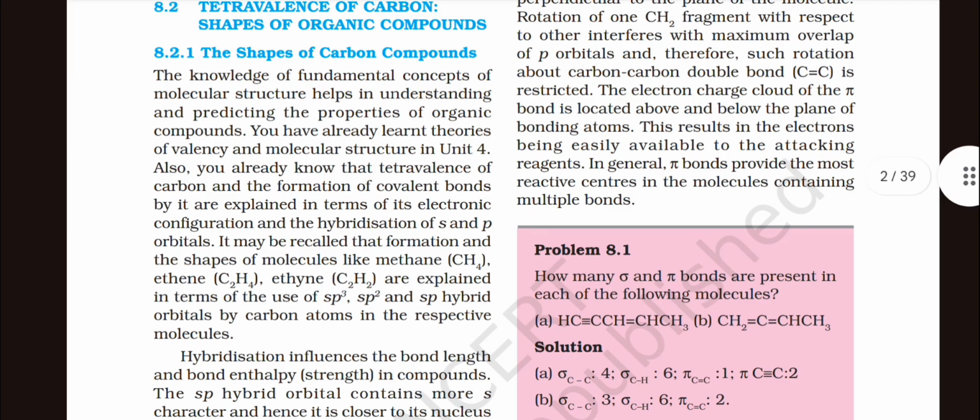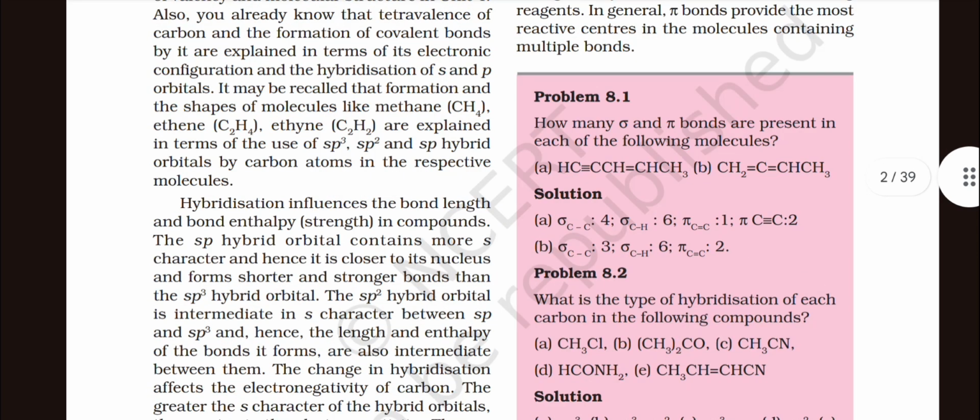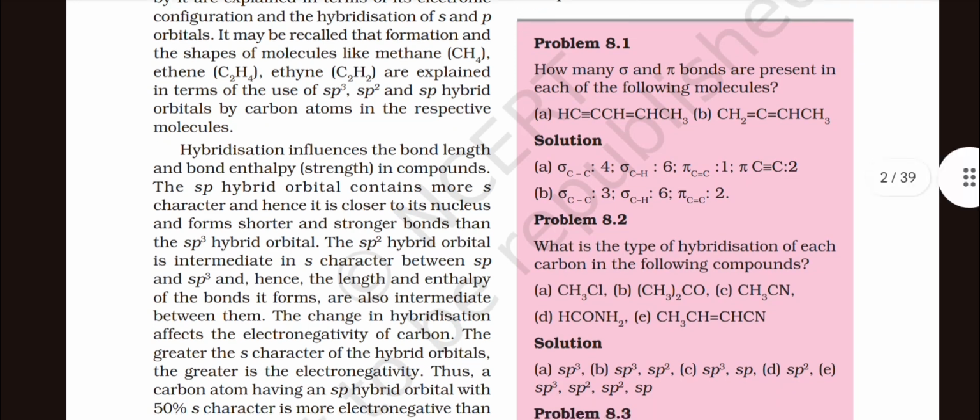It may be recalled that the formation and shape of molecules like methane CH4, ethene C2H4, and ethyne C2H2 are explained in terms of the use of sp3, sp2 and sp hybrid orbitals by the carbon atom in the respective molecules.